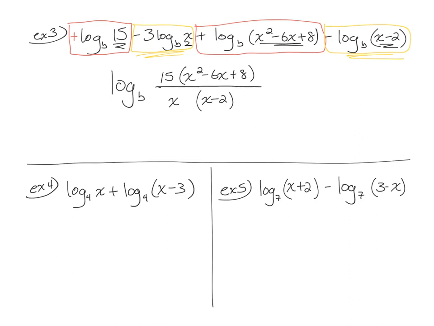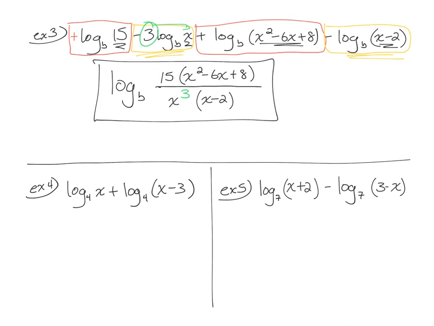Now, you may have noticed that I missed one super important thing here, and that is this 3. Hey, that log has a coefficient in front of it. It sure does. The coefficient will get moved over as an exponent on this x, like this. And there you have it. You've been able to do this log condensing in one step.